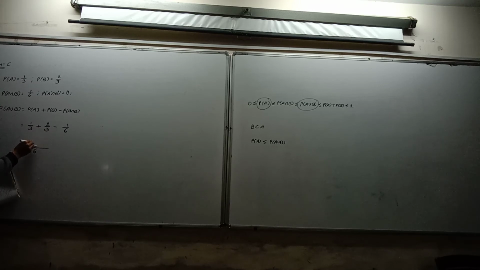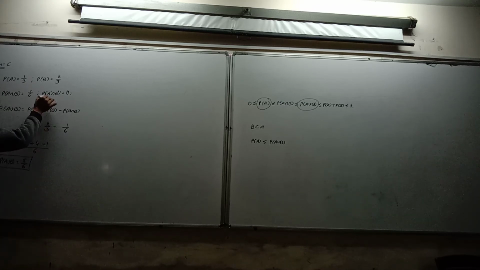Second value 2 upon 3, denominator multiply by 2, numerator also multiply by 2, 2 twos are 4 and minus 1. Third value 1 upon 6, LCM. 2 plus 4 is 6, minus 1 is 5 upon 6, value of P of A union B.